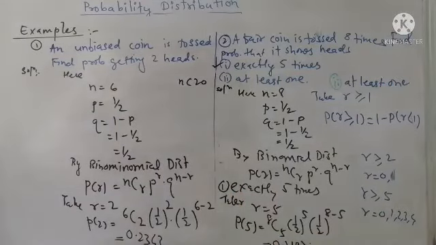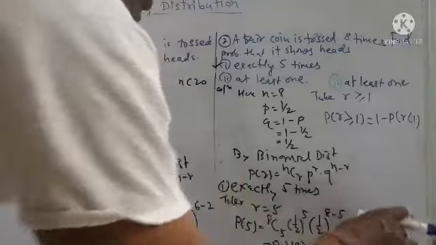Okay, now in this case, as r greater than or equal to 1 has many values, we use its complement, r less than 1.